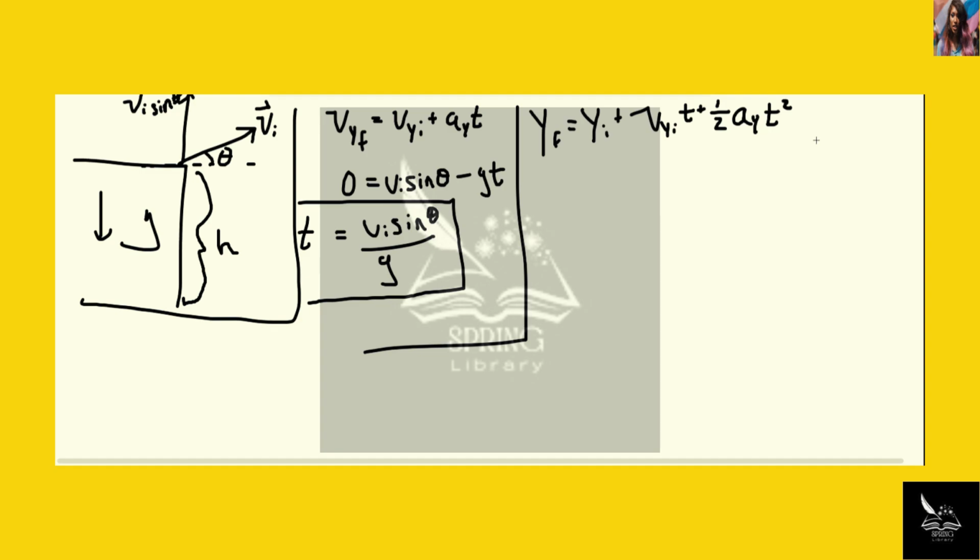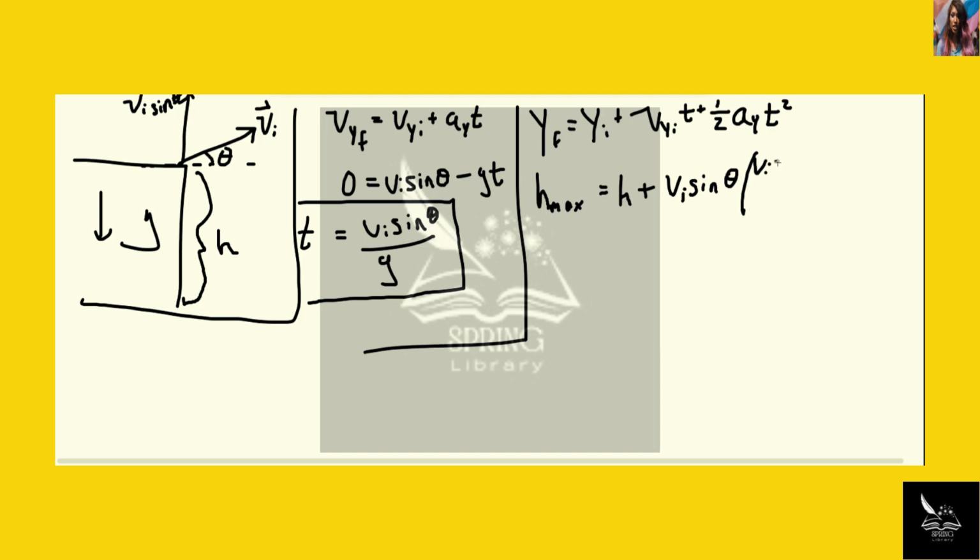So we can start plugging in what we know. This y final we're going to define as h max, the max height we're looking for. And the y initial is how high the cliff is originally, so we'll define that as h, as described in the problem. Then we plug in Vy initial, which is Vi sine theta, multiplied by t. But remember, t is now this, so we want to plug that in for t.